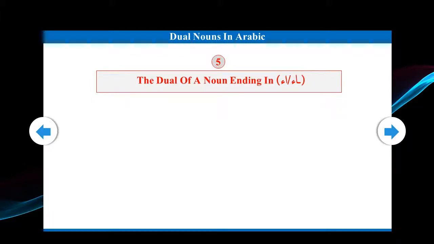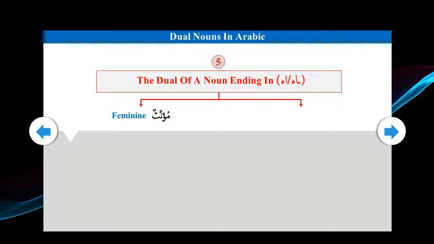The last case is about a noun ending in alif mamduda. Here we will have two ways depending on the gender. Let's take first the example of a feminine noun ending in alif mamduda. Take the example of the word حسناء, which means a beautiful girl.